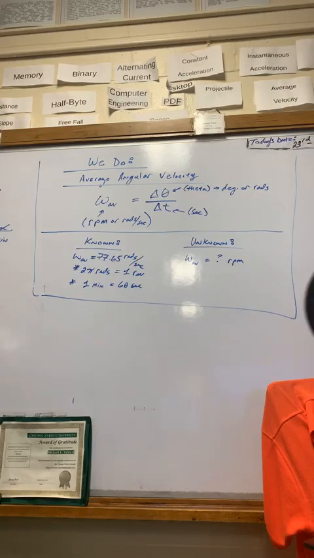This is the step. And it's 77.65 times 60, all over 2 pi. So remember, this is going to be measured in revs per minute, or RPM.